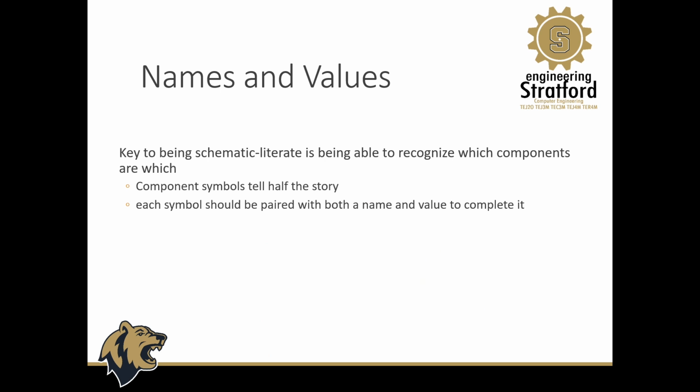Because the schematic symbol is exactly the same, and you don't get to see the colored lines on it, like black, brown or red, so you're unable to identify the resistance provided by that resistor. So the schematic symbol tells you some really important information, but it doesn't tell you everything. You need to name it, as well as give it a value, in order to make the schematic useful.